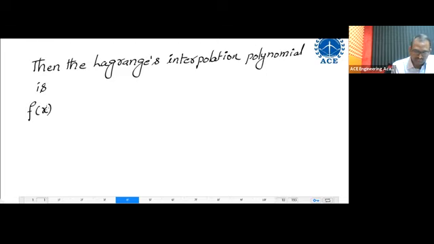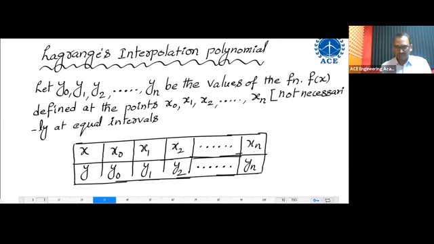You can write it as f of x, or you can write it as phi of x, or you can write it as y also. So the technique of writing the formula, I will let you know. Look, you are writing the first term. If you are writing the first term, delete the first term here. What is the first term here? X naught. Assume that x naught is deleted. So the numerator should be x minus x1, x minus x2, and so on x minus xn.